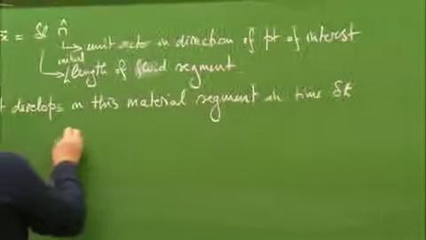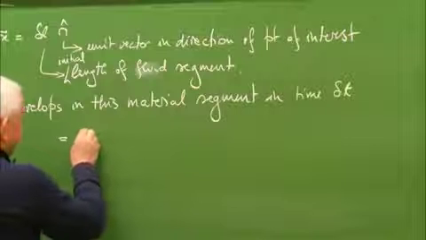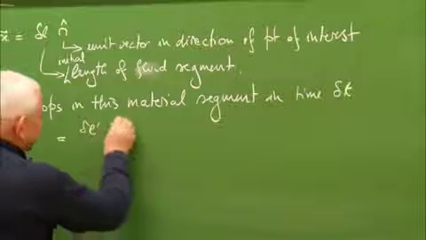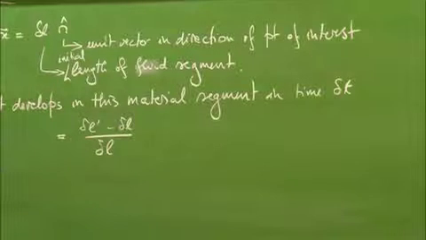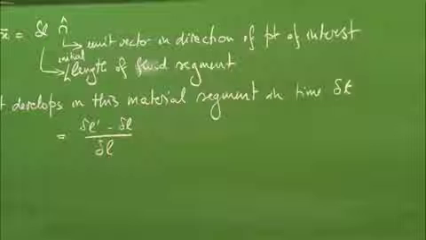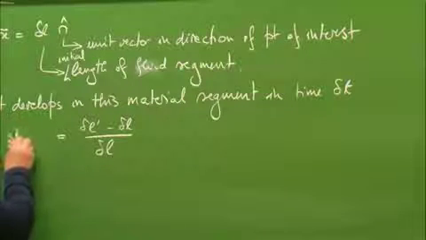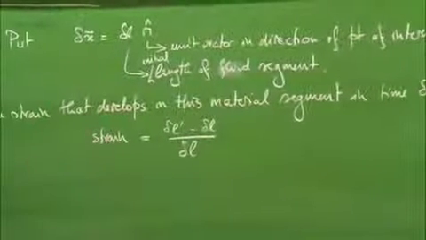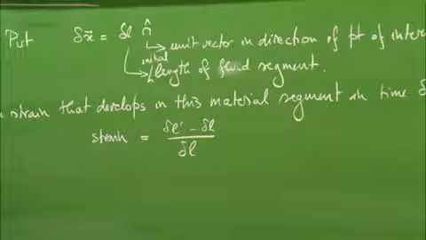It is going to be equal to the final length, delta L dashed, minus delta L, divided by delta L. So that is the strain that I want to calculate. This is the strain that develops in time delta t. I don't want to multiply symbols because I want to reserve the symbols for what I do afterwards. So that is the definition of the strain.